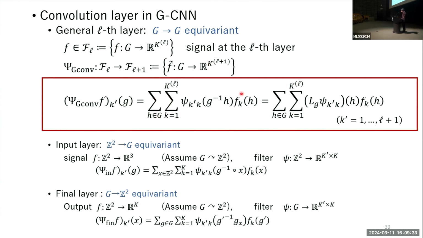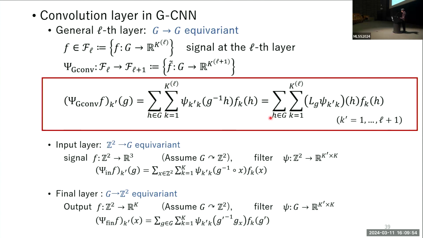So this is just a shift, a group translation, of the filter. We have the filter for the space, and this is just a simple generalization of the standard convolutional neural network.